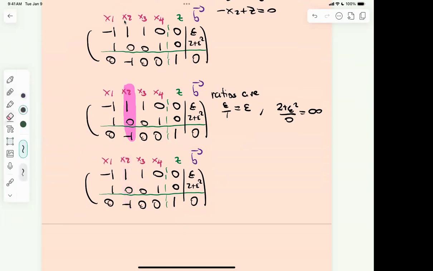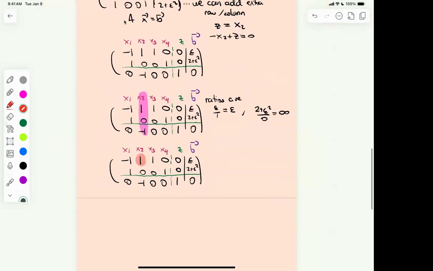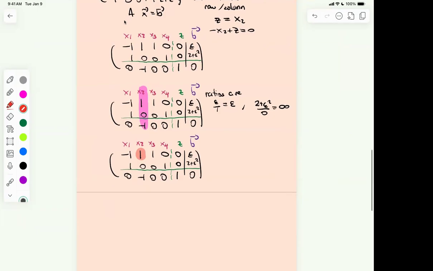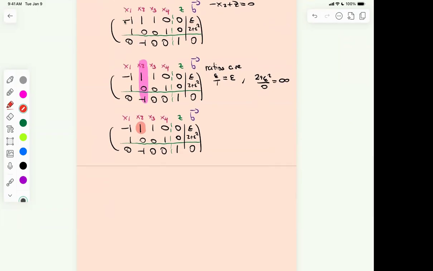So we focus on this entry. Let me give you some time if you're copying, because I'm cheating by just using copy paste on the tablet. That's one of the nice things about writing on the tablet for this course, because otherwise it would take forever to write all these steps. The idea, again, is that you turn this one into a one.